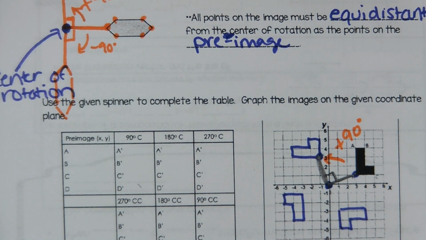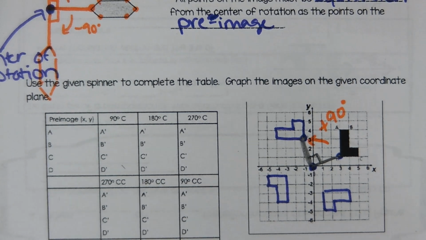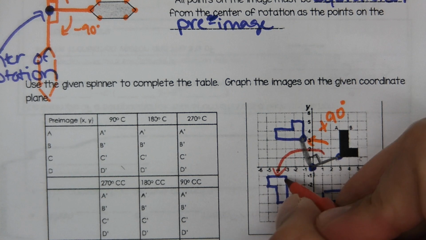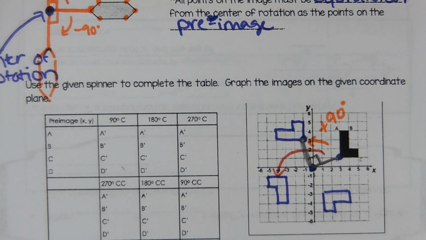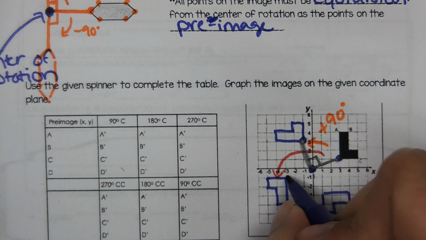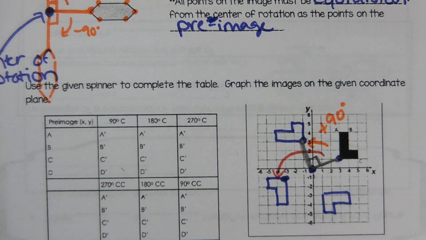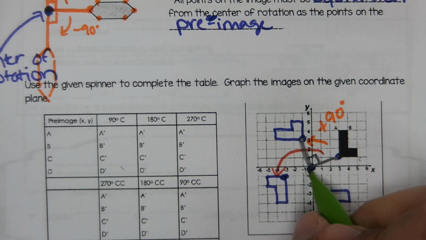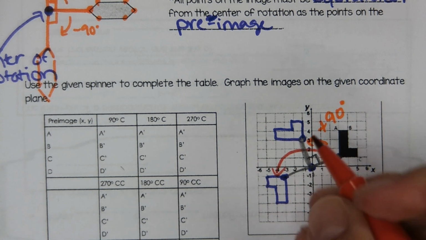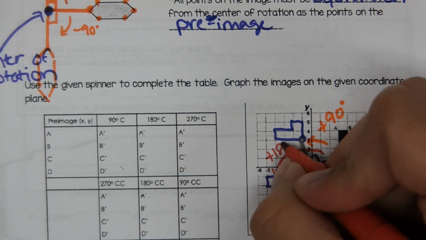Okay, the next one we're going to look at is 180-degree rotation. 180 degrees would be 2 turns to put it here. And again, if you choose a corresponding point, so this elbow joint to this one, and connect the dots through the center of rotation, for a 180-degree rotation, you should get a 180-degree angle. So this would be 180 degrees.